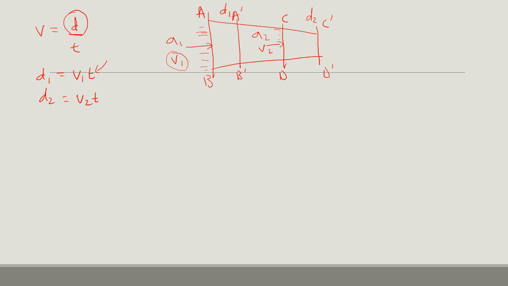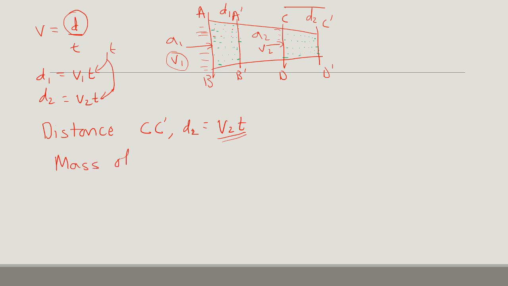Since it takes the same time, this and this are the same, still t. So the distance CC prime, from here to here, which is d2, will be equal to v2t. And now we can safely find the mass of the fluid.